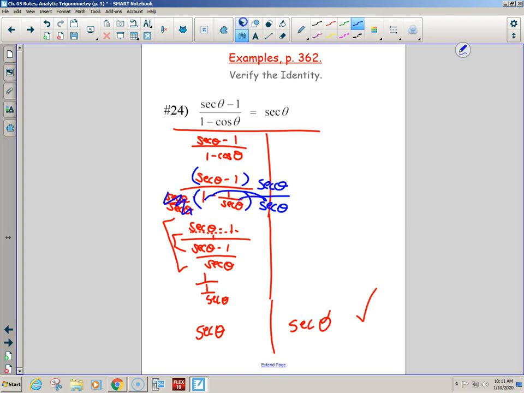So secant minus 1, and my secant would have already been in its proper location in the top. So I would have had my secant theta minus 1. My secant theta minus 1 would have reduced, and my secant would have been in its proper location. That's why I like my trick a little bit better, taking that stuck little baby denominator and multiplying top and bottom by it. It just makes it more efficient, and you don't have as many places to make mistakes, but all of those methods would work.